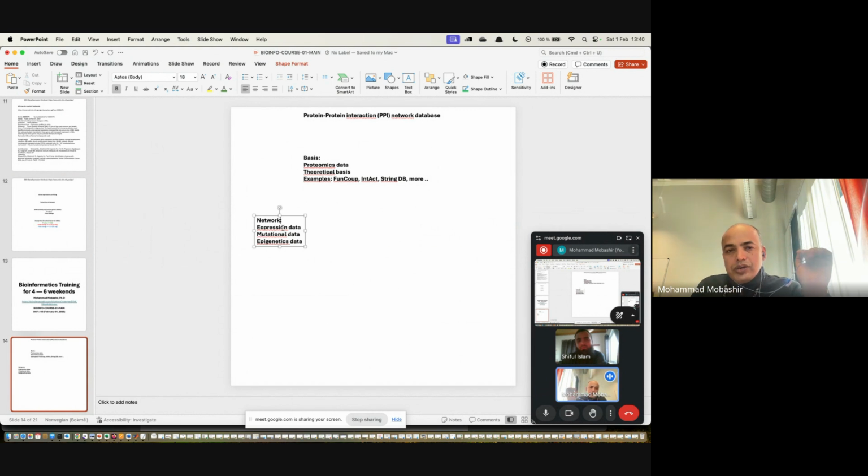If we want to prepare the network for all the different analysis parts, then when we say expression data, it is a differentially expressed genes network. When we say mutational data, then these are the genes which are mutated a lot in our case, and for those genes we prepare the network; this is the mutational data network. Third is the epigenetics data network.